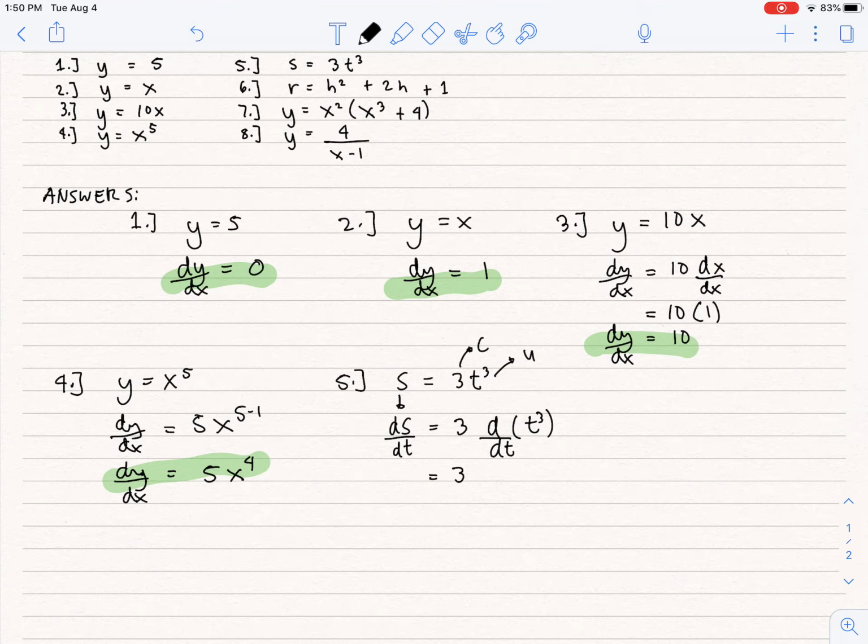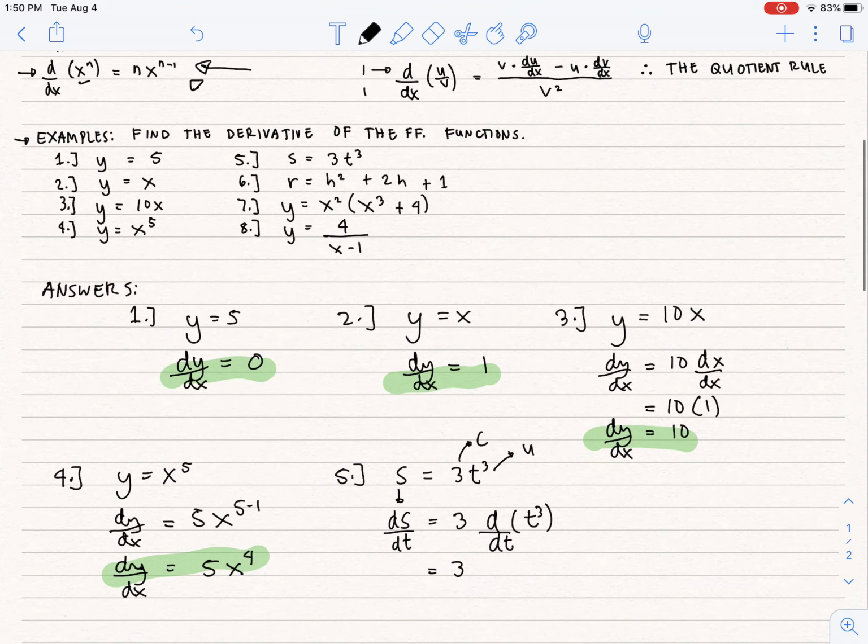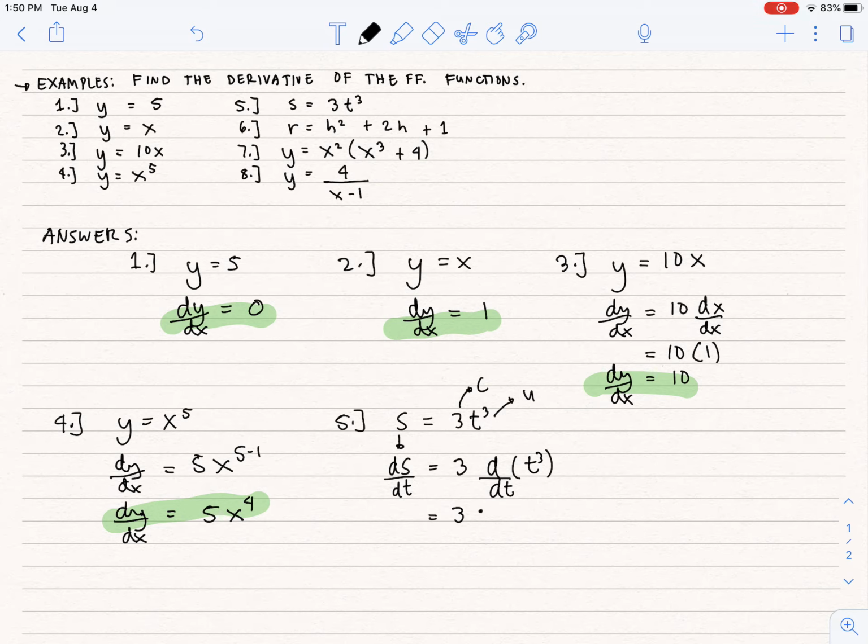Copy 3, then the derivative of t cubed with respect to t, by using this rule, we're going to end up with 3t squared. So the derivative of that is just bring down 3 multiplied by t raised to 3 minus 1, so 2.